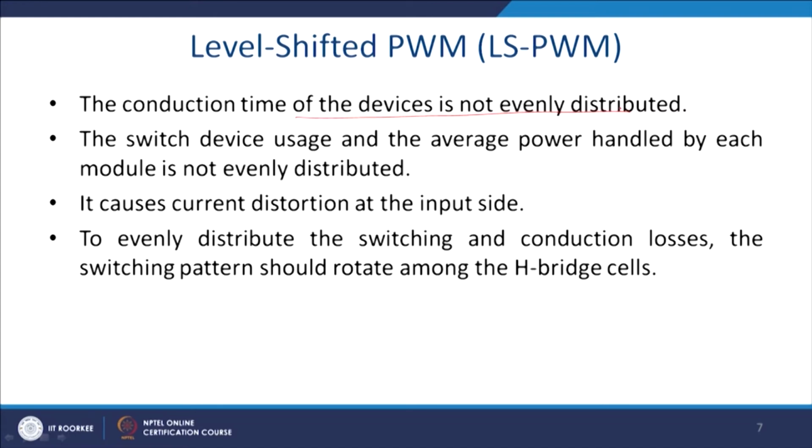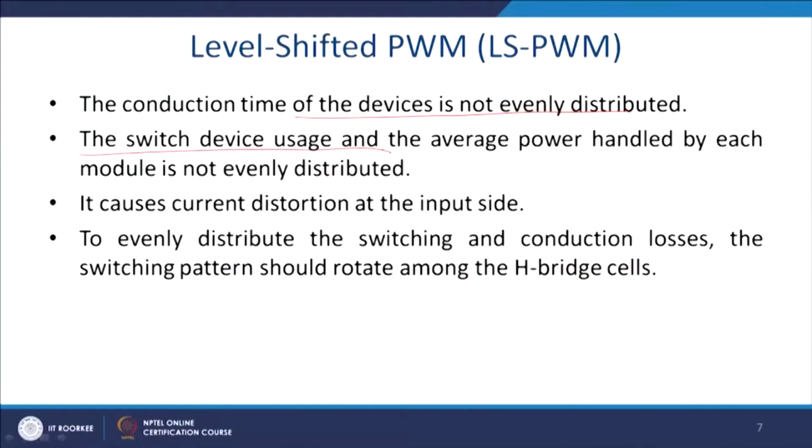So, losses are not equally placed. So, there will be local hotspots. The switch device usage and average power handled by each module is not evenly distributed. That is also a challenge.